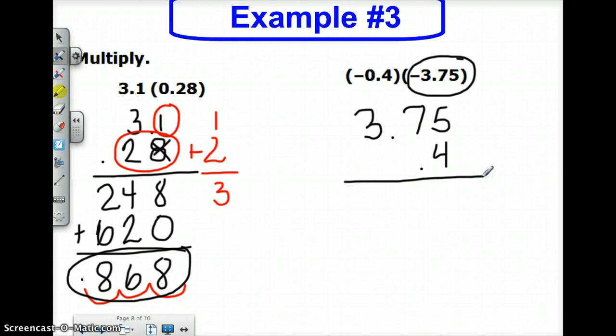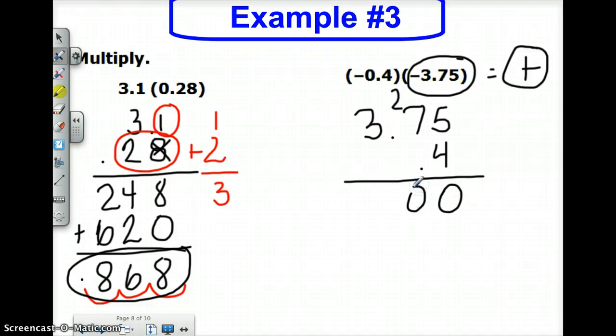We already determined the answer was positive because we have a negative times a negative. 5 times 4 is 20. 7 times 4 is 28 plus 2 is 30. 4 times 3 is 12, plus 3 is 15.